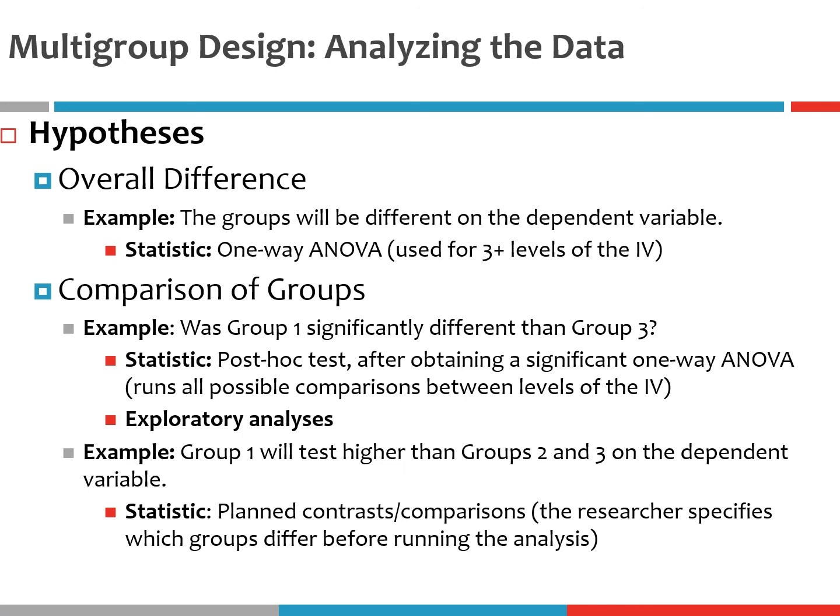So to run the planned comparison is kind of lying. I would say you can't convince me that that's really what you thought in advance, right? Just because the planned comparison gives you more statistical power, it lets you reject the null hypothesis easier.